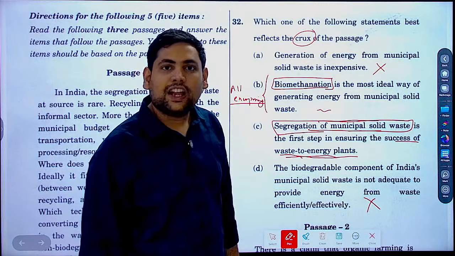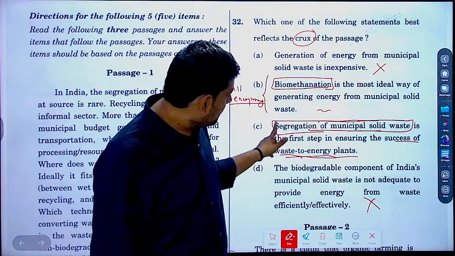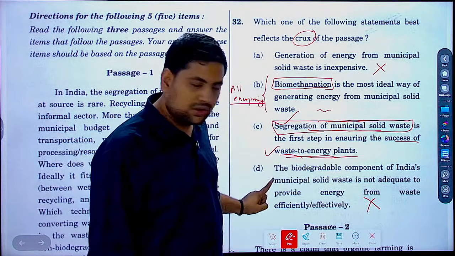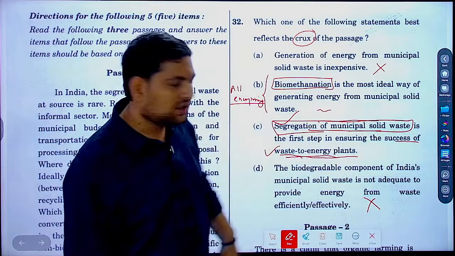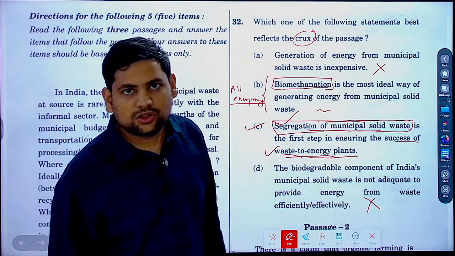That is why we had written majority approach. It covers segregation also, and segregation being very important or the core issue in waste to energy plants also. That's why it has much better coverage. Answer becomes C, that is taking the majority approach.